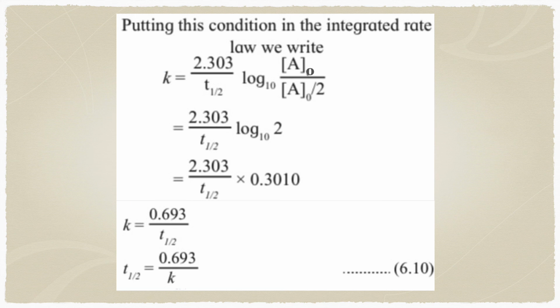Putting this condition in the integrated rate law, we can write k is equal to 2.303 upon, instead of t, t half, log to the base 10 initial concentration upon the final concentration. The initial concentration will be the same, A naught, upon the final concentration, the half concentration, that is A naught upon 2. So I will get k is equal to 2.303 upon t half log to the base 10 of 2.